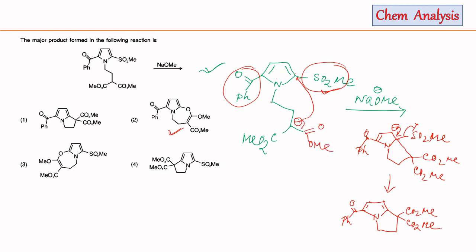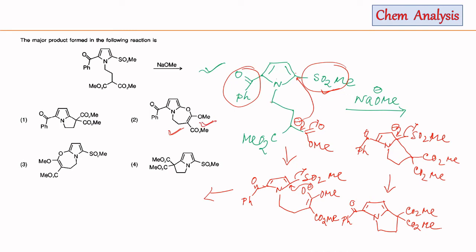The anion here will be conjugated with this carbonyl group and will form the corresponding O- ion. Me, and in the next step O- will attack here to eliminate this SO2 group to form this product.